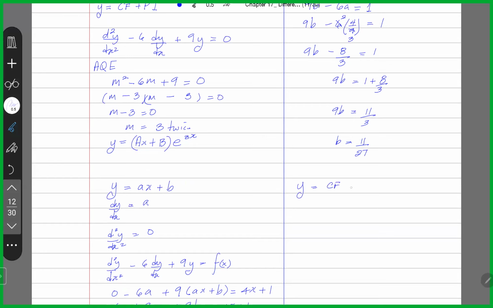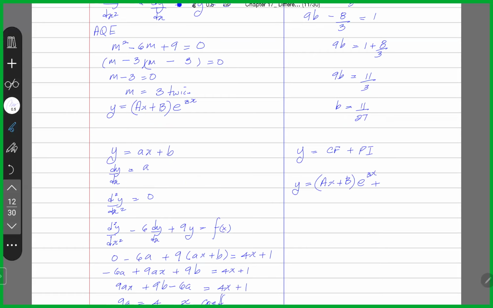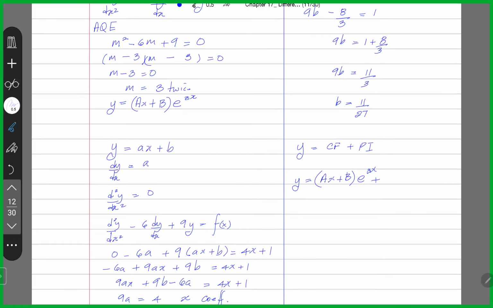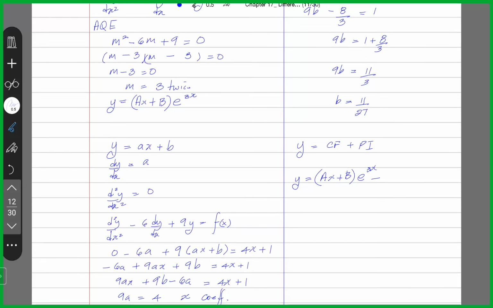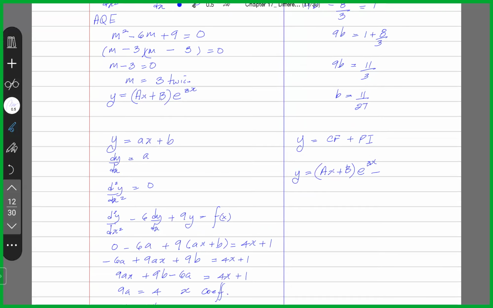So now that we have a and b, our solution is y is equal to CF plus PI. Our solution is y is equal to ax plus b, e to the 3x, plus y. y is what? ax plus b, and a is 4 over 9.